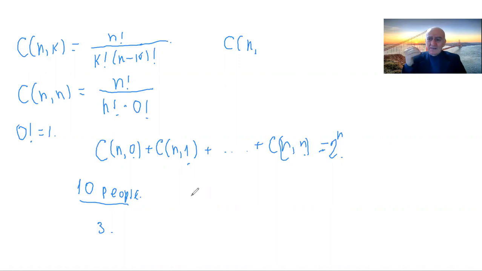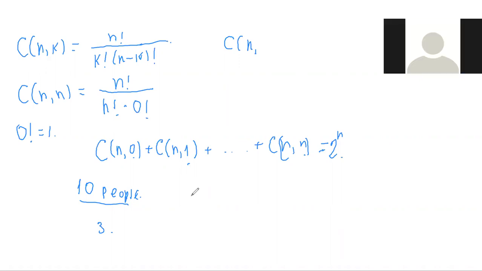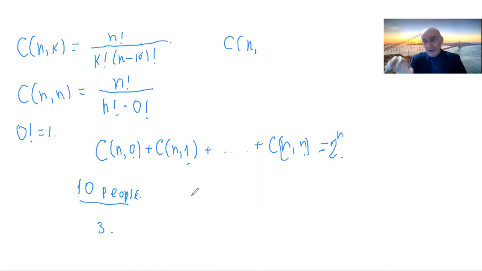It matters whether in this committee all these people are equal, or there is a chair, a deputy chair, and a third person. So it does matter whether these people are equal, or they are first, second, and third person. Your answer, Elena, I guess is for when all people are equal.